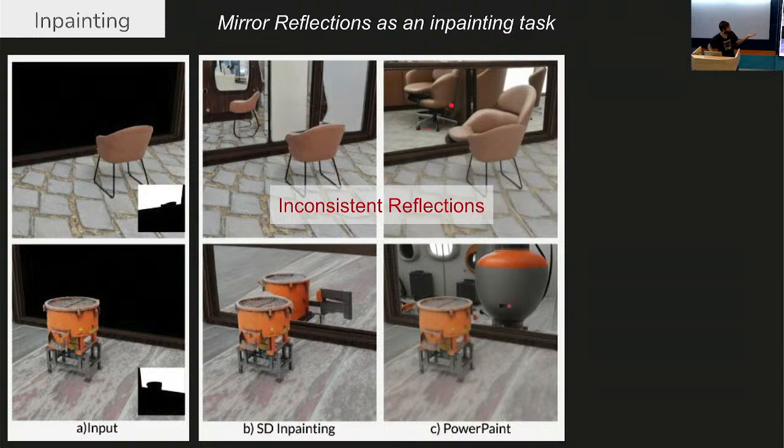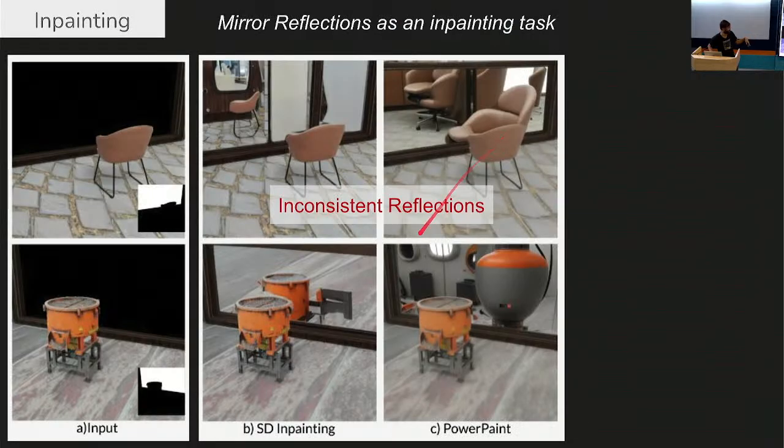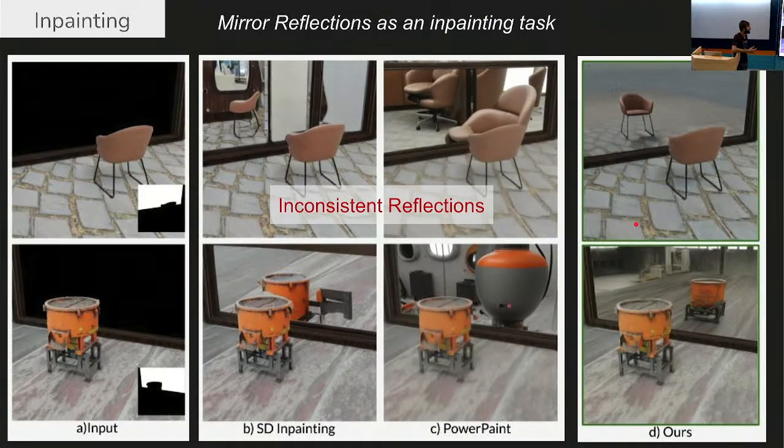Here again the pose is different, and it even changed the chair. In this one you can see something new is generated, and this is again wrong. So these models hallucinate. It is not 3D consistent. Whereas this is the output for MirrorVerse, our method, and it can generate very consistent mirror reflections.